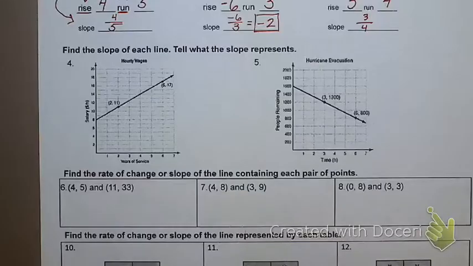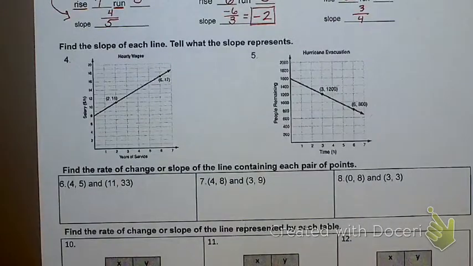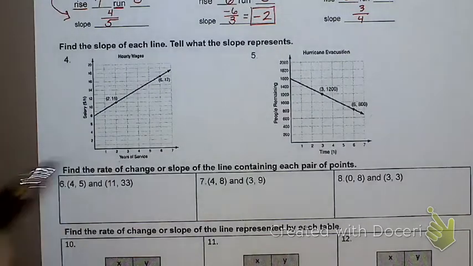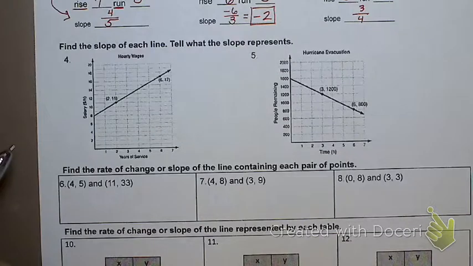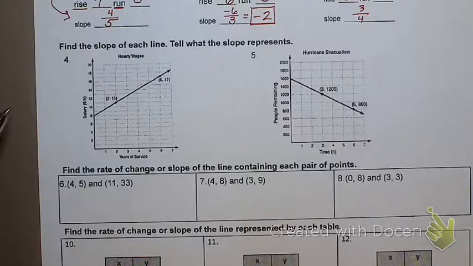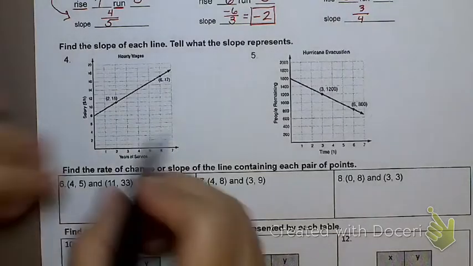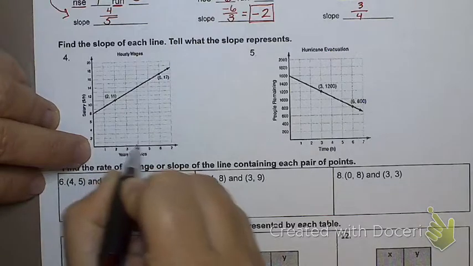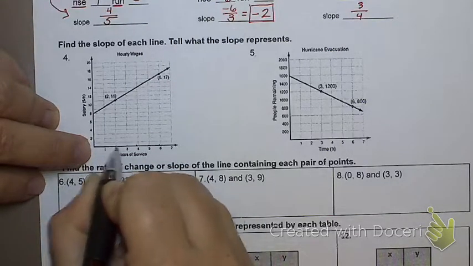Okay? Now these two actually have situations on the y-axis and the x-axis. Do you see that? First thing I want to do is find the slope. So again, rise over run. Now I need to see, as I'm counting my rise over my run, are we counting by ones in both directions? In my x values, each line is representing 1 because they're going 1, 2, 3, 4, 5, 6.